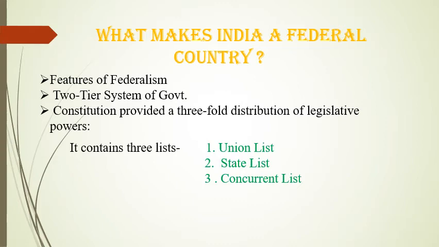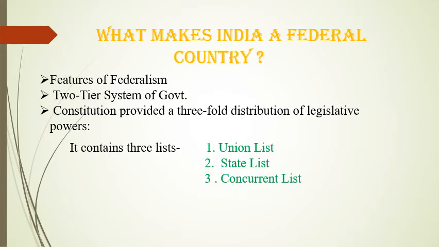First, union list. It includes subjects of national importance like defense, foreign affairs, banking, communication, and currency, as we need uniform policies on these matters throughout the country. The union government alone can make laws relating to the subjects mentioned in the union list.